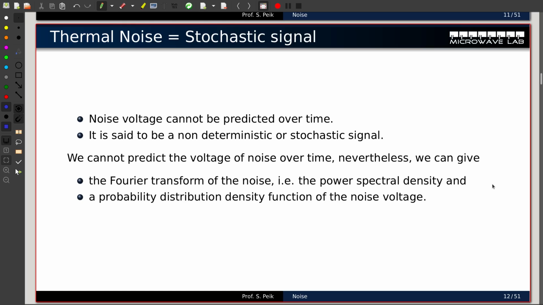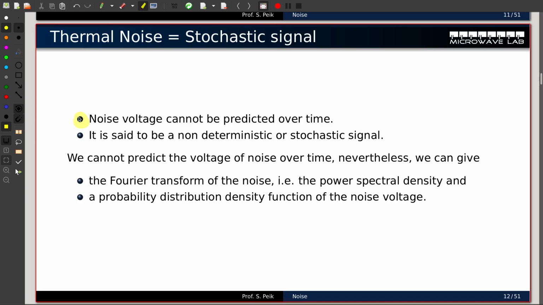Now, we have one problem. The noise voltage, or the instantaneous noise power, cannot be predicted. It's a stochastic signal.